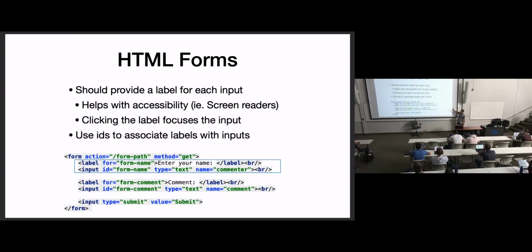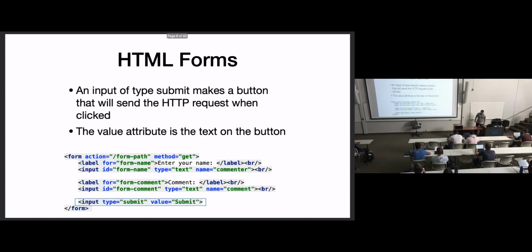That's because the dev used a label and has that label associated with that input. So it's nice, not even just for accessibility with screen readers and things, but even just regular use of the internet. It makes things a little nicer to use. So when you're developing your web pages, it's nice to have them labels.